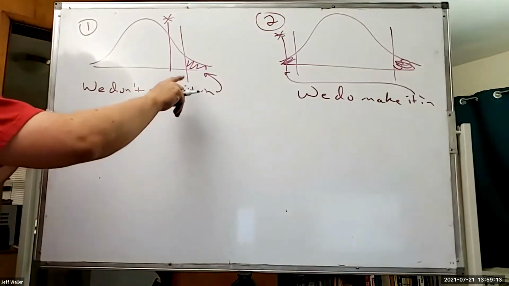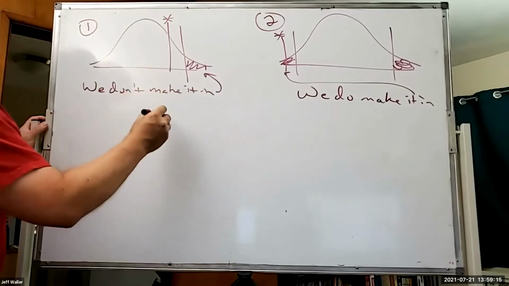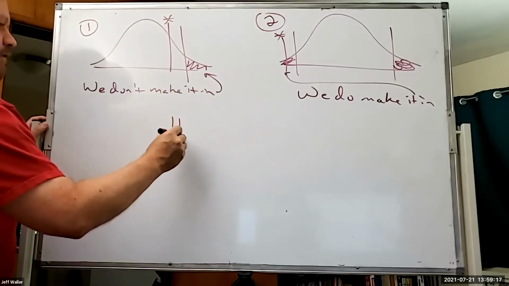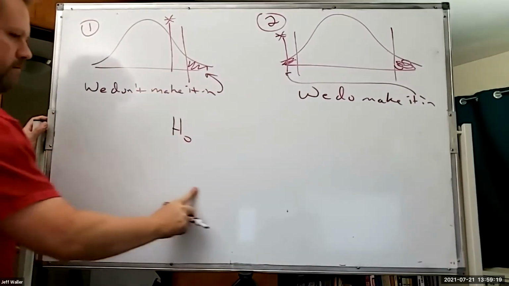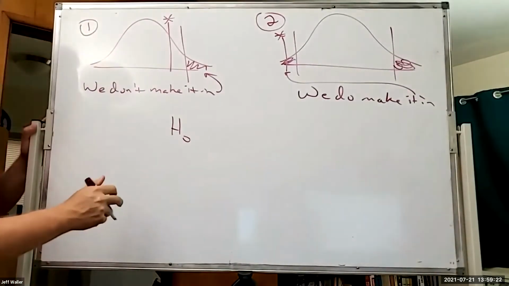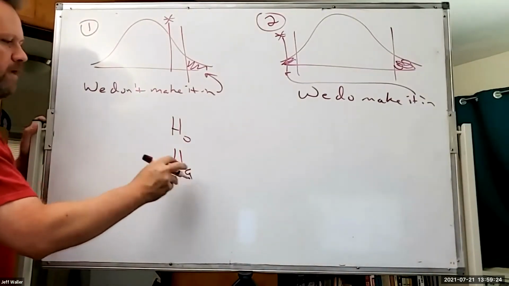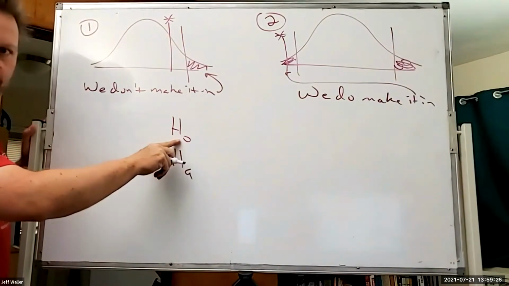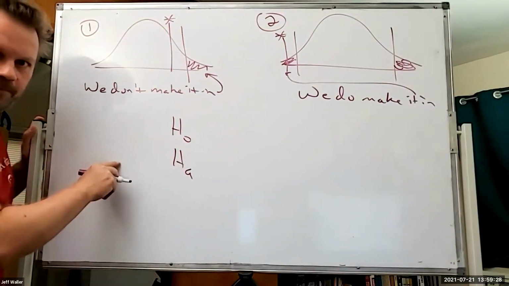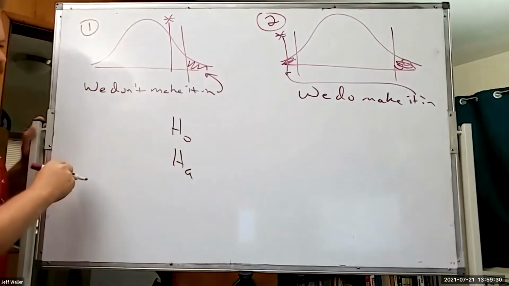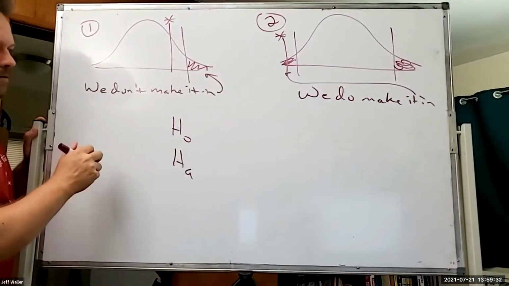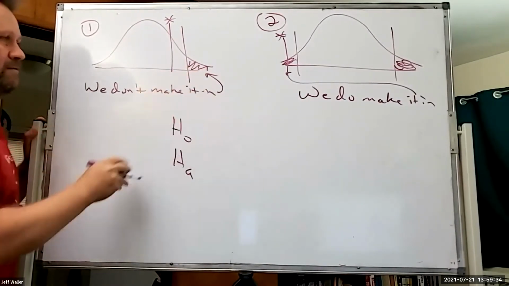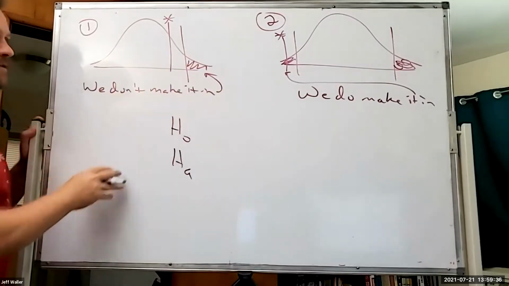So if we don't make it in, what can we say? Do we reject this and support this? What do we do? We didn't make it in. We didn't succeed, we failed.